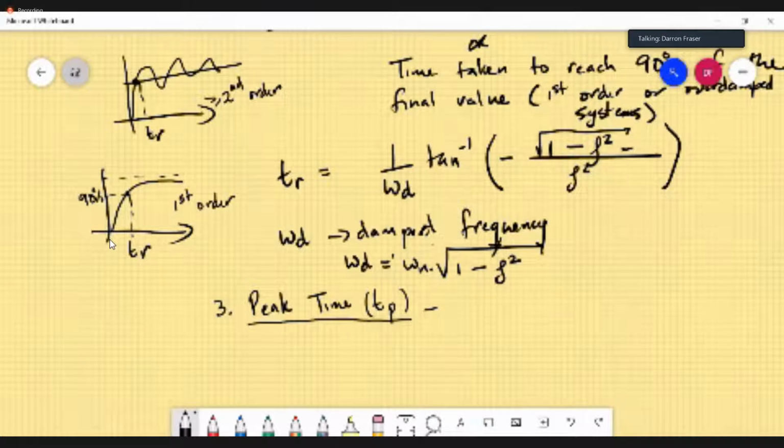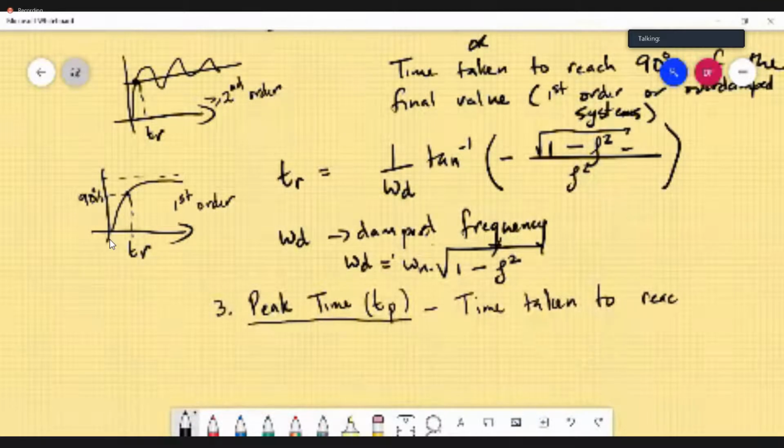All right, so peak time is the time taken to reach the maximum value.